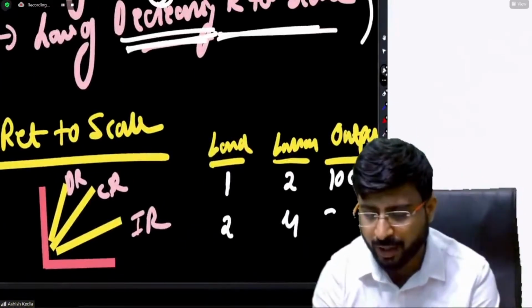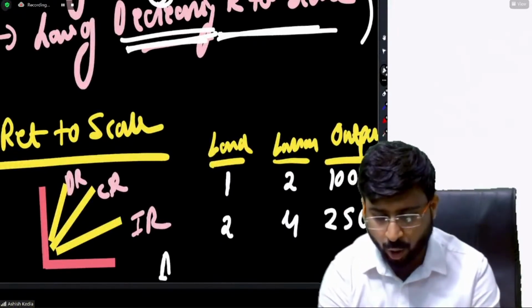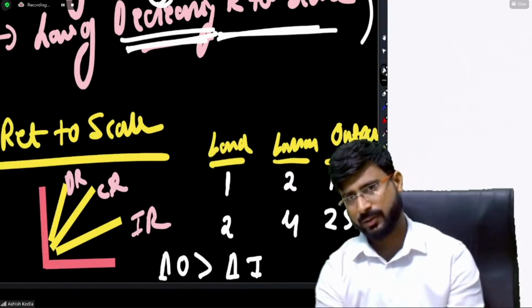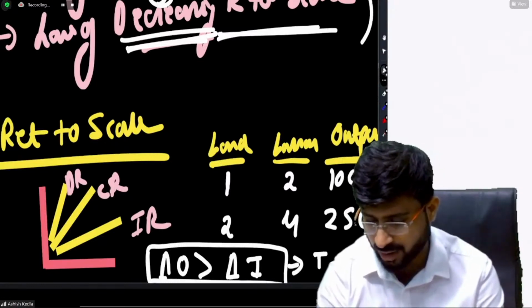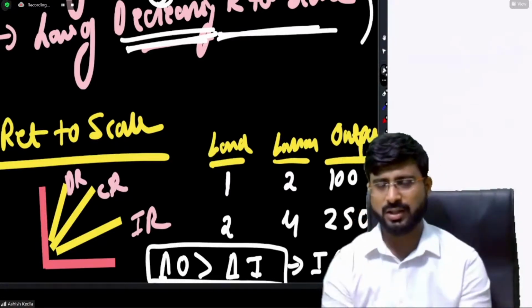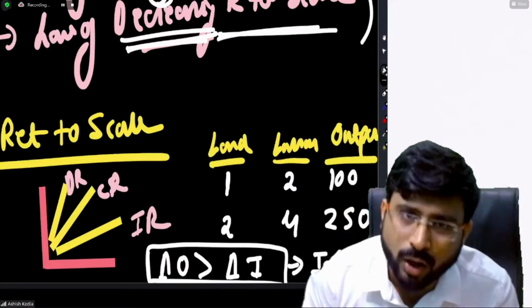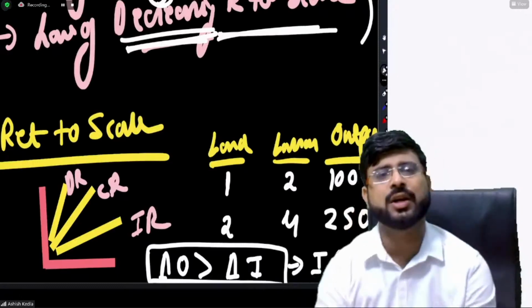So let's say my output becomes 250. So see, change in output is more than change in input. Yes or no, everyone? Such a situation is called increasing returns to scale, IRS. Such a law is called increasing returns to scale or IRS. Hopefully all of you get it.